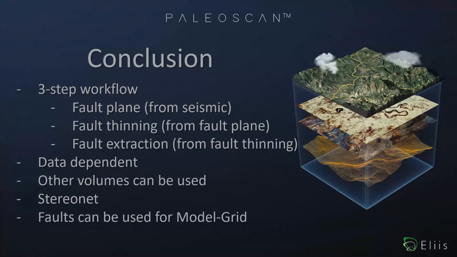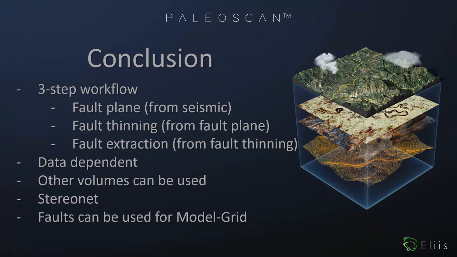Of course, we have seen different methods here, but this is data dependent, data driven. So don't take these parameters for granted. The idea is to really test all the parameters based on your data, and you will have different results.